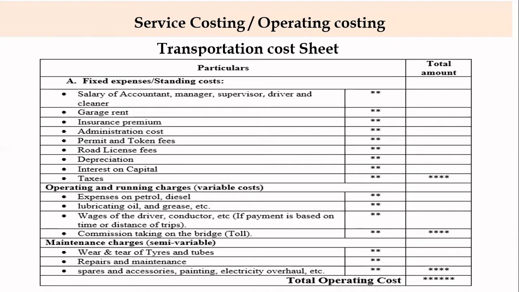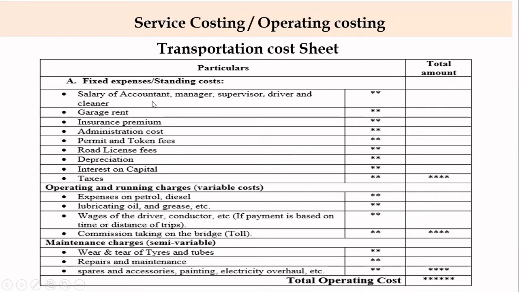As I said in my last slide, the costs are being classified into three heads, that is fixed expenses, operating or running charges, and finally maintenance charges are semi variables. So altogether, when we add all the expenses, finally we get total operating cost.